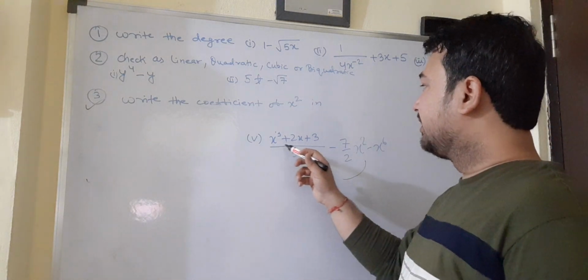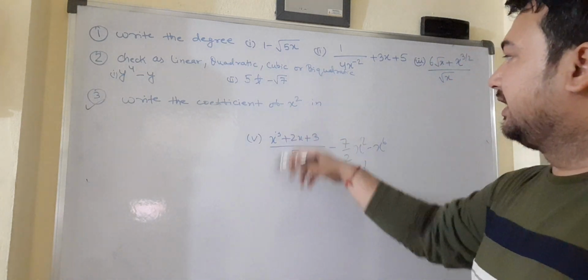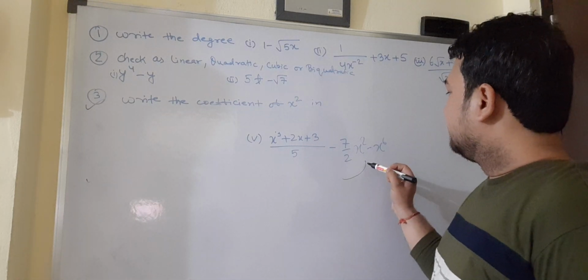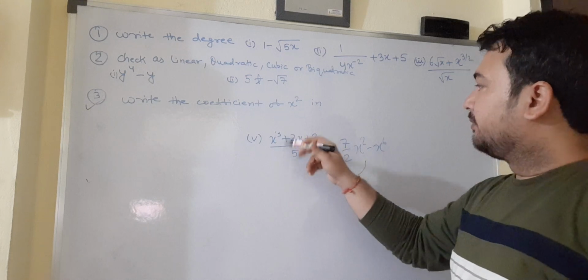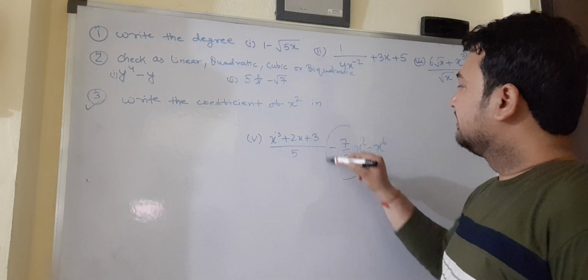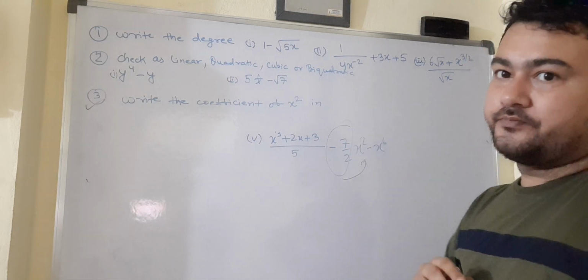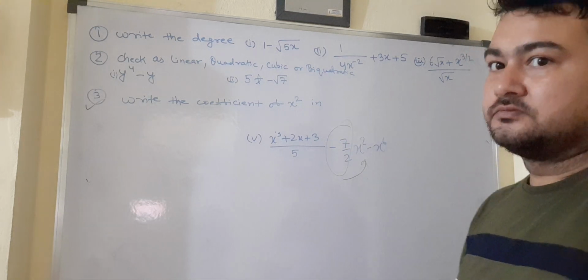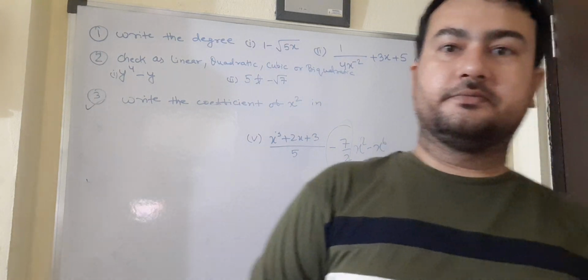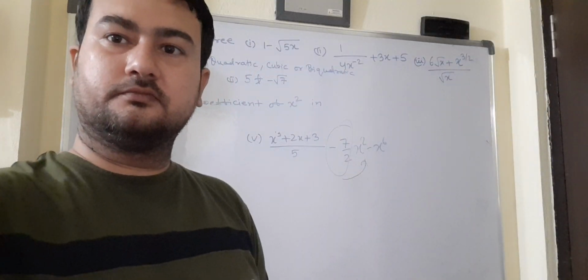Even if we are going to divide this, you are not going to get any x square from here. So in any way, even if you solve it, even if you break it down, you will only get the x square coefficient as minus 7 by 2, isn't it? So the coefficient of x square is minus 7 by 2 in this case.